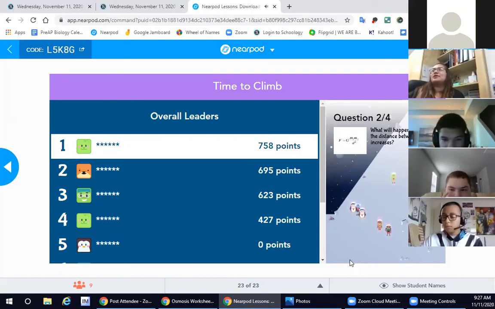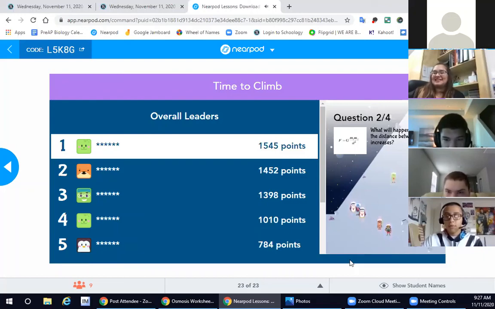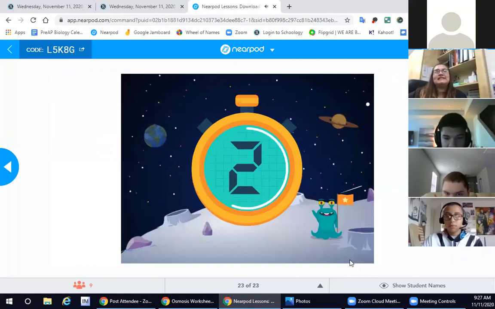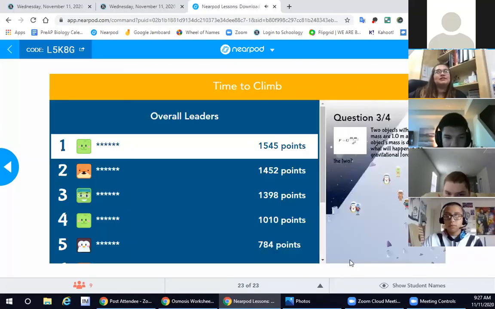Good job, Turtle. So if distance increases, force decreases. All right, two objects with the same mass are 1 meter apart. If the objects' mass is doubled, what will happen to the force?